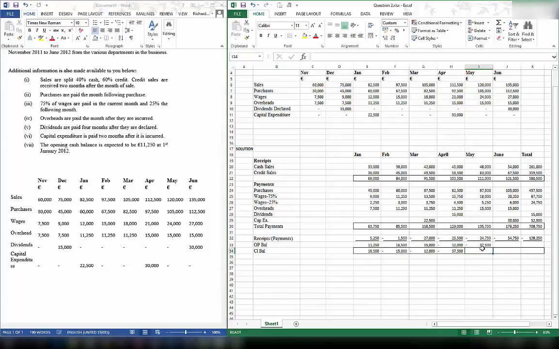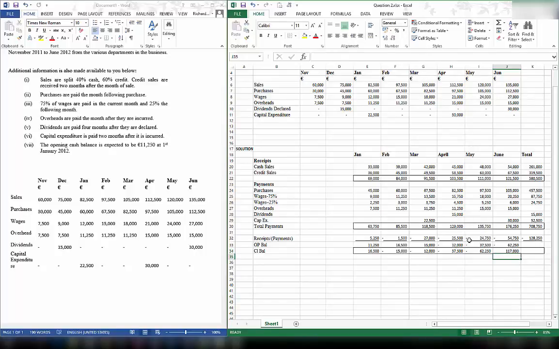So a negative 24,750 minus 37,500 gives us a closing balance of minus 62,250, which brings us to our opening balance for June, minus 62,250, minus 54,750 to give us a final closing balance of minus 117,000 even. Our closing balance of minus 117,000 even.